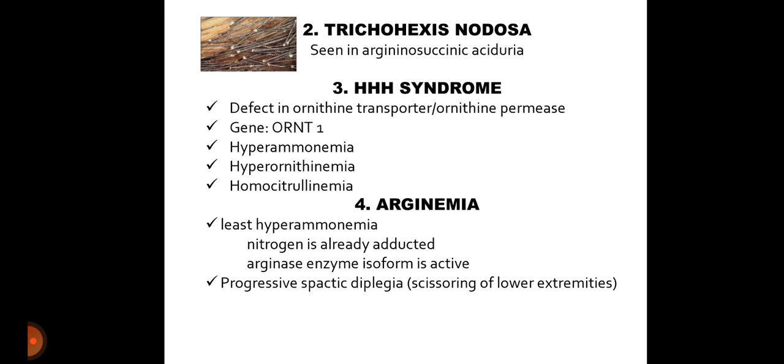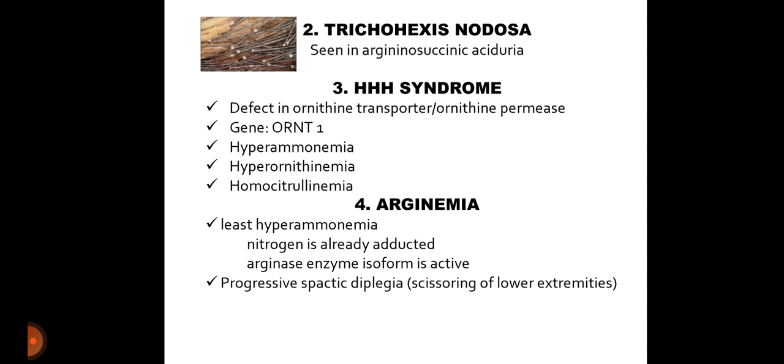Coming on to HHH syndrome, triple H syndrome. As you all know, the defect is in the ornithine transporter. The transport is defective, so ornithine cannot be transported from the cytoplasm to the mitochondria.